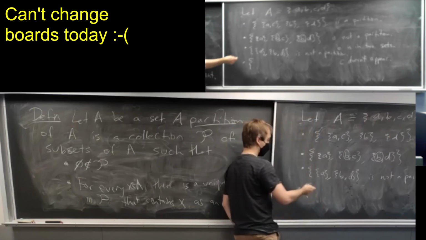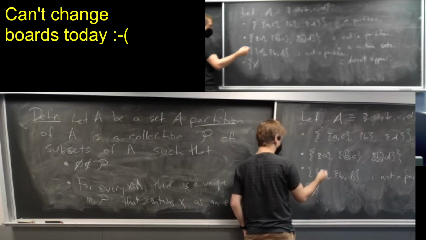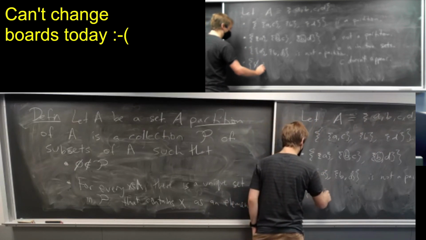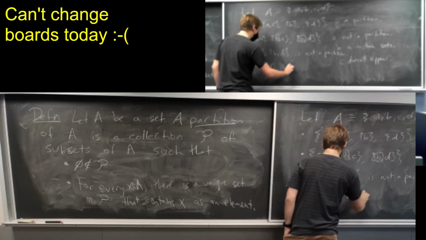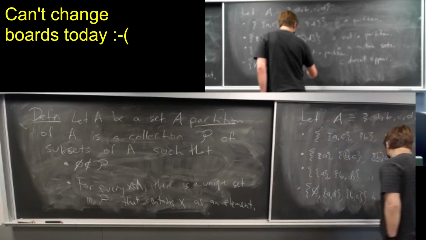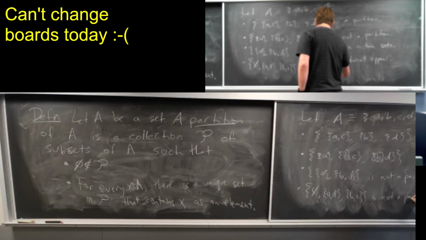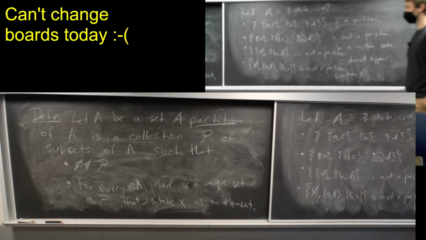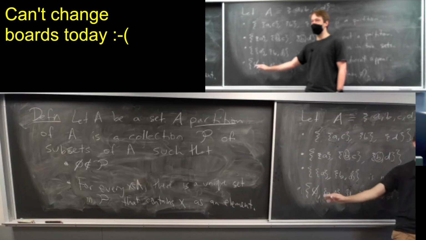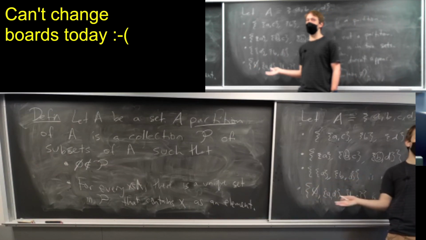Another way to fail to be a partition is just to put the empty set in there. So if I put {∅, {A, D}, {B, C}}, it's not a partition because it contains the empty set. Otherwise it's fine, right? If I just throw the empty set out, it would be okay.